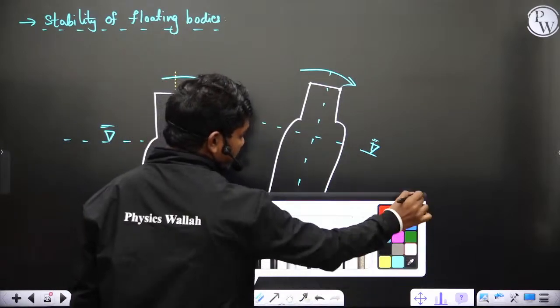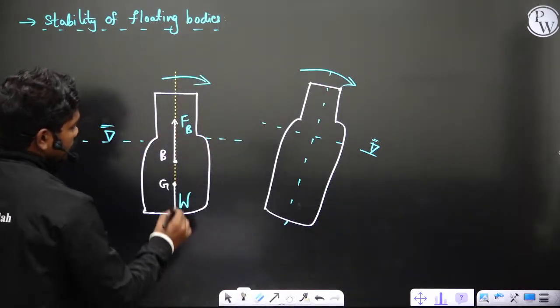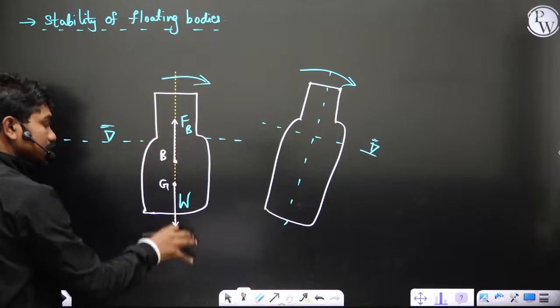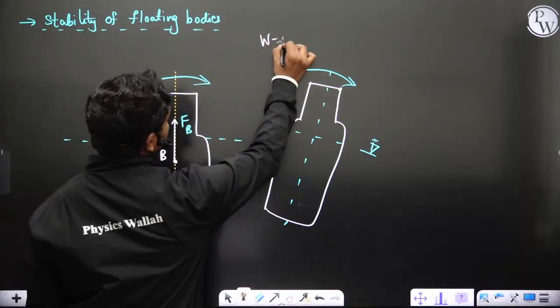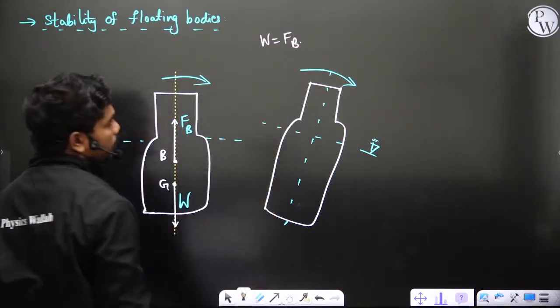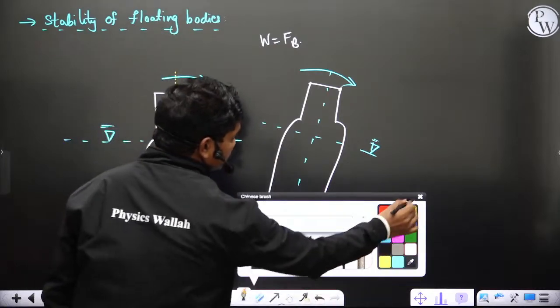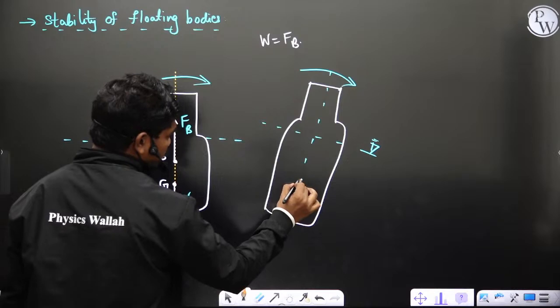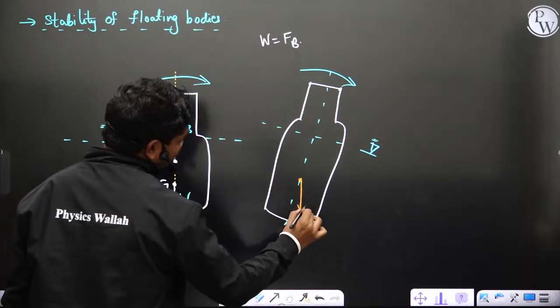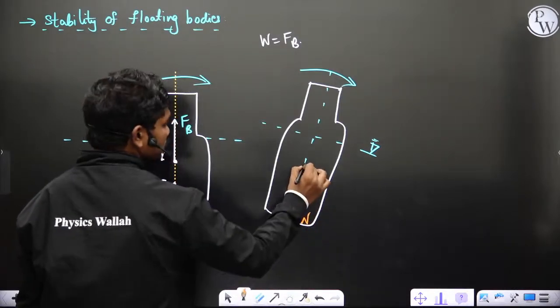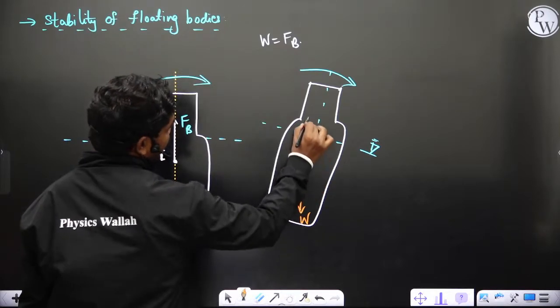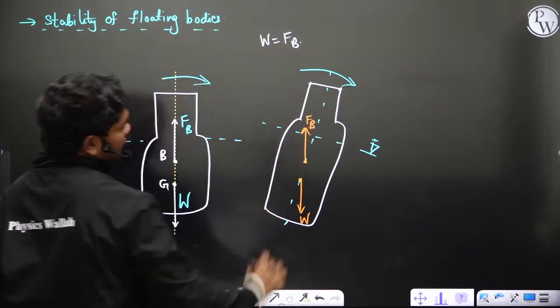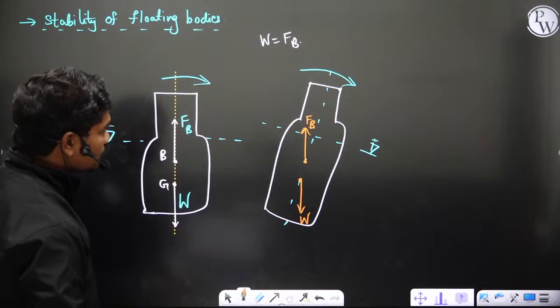Then it is actually the case of floating, and this weight has to still balance the buoyancy, otherwise this will sink. So weight has to balance the buoyancy. Okay. Now try to understand one thing here. Let us suppose this is W, for example, this W will act like this, and this buoyancy will act like this again here, like in this case.